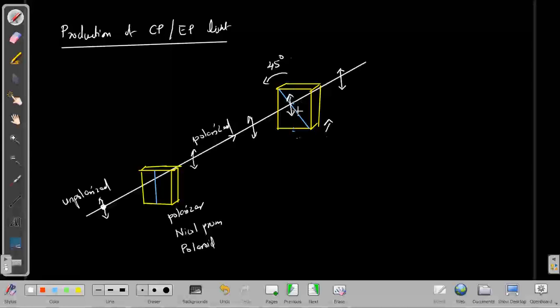This can be resolved into two: the light parallel to the axis and the light perpendicular to the axis. So that means here you will get two lights.